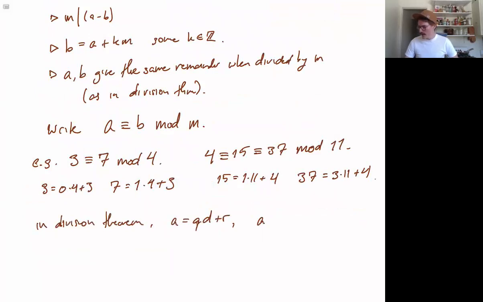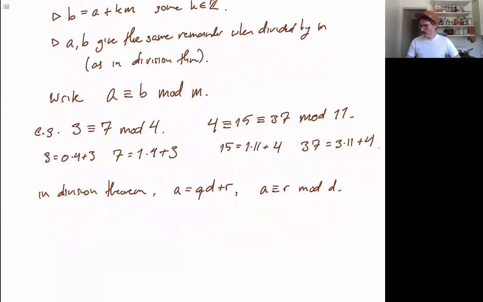So we get a is congruent to r mod d. And in fact, this is very important because if we think about what the division theorem is telling us, it's telling us that this r is unique as long as we impose the condition that it's between 0 and d.